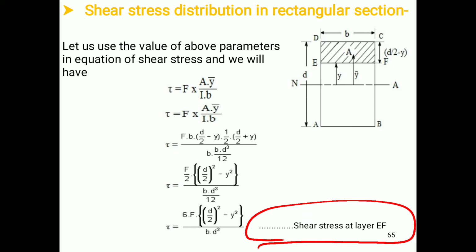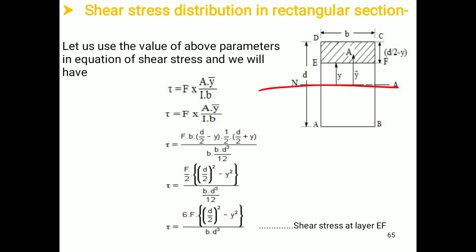Remember that this is the value of shear stress for a layer EF, and as we know, shear stress is a function of distance y. When y is equal to 0, that is at the neutral axis, we will have the maximum value of shear stress.